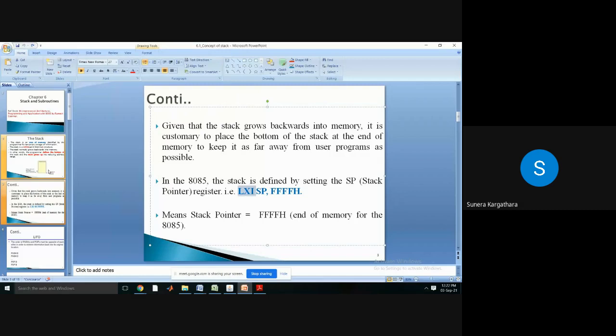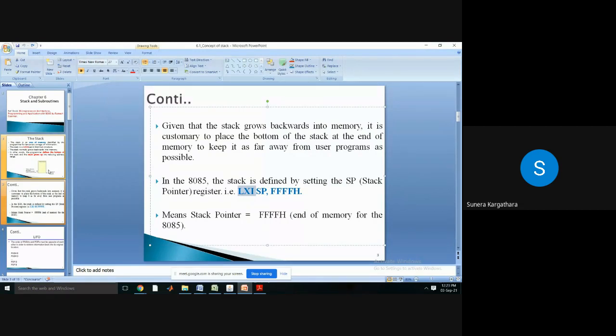Suppose you are writing some code and you want to preserve your data, so that data you can push onto the stack. Suppose you are writing some code in between and you want some data to be preserved, you can preserve it onto the stack.